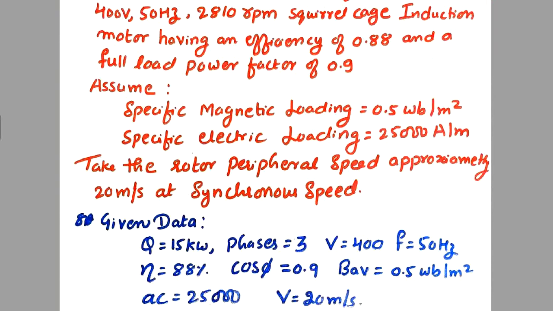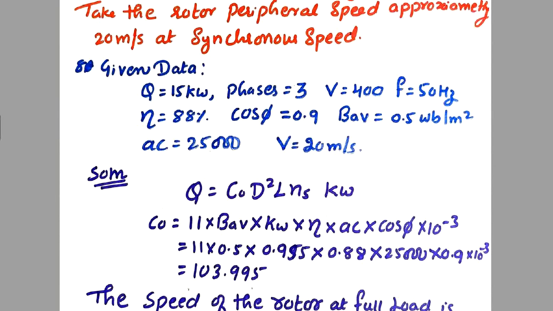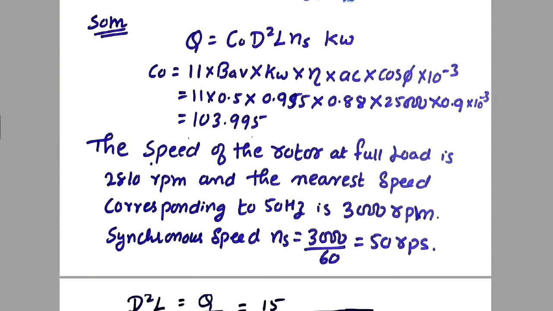Take the rotor peripheral speed approximately 20 meter per second. So the output is 15 kilowatts, phases are 3, voltage is 400 volt, and all the values have been given. With the help of the formula, find out the output coefficient C_0. And the speed of the rotor at full load is 2810 rpm.